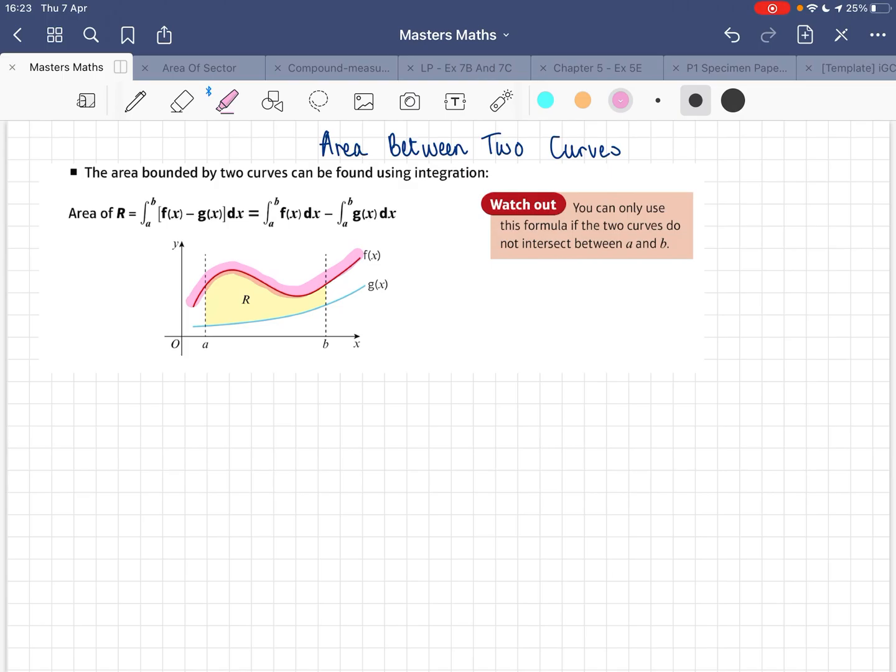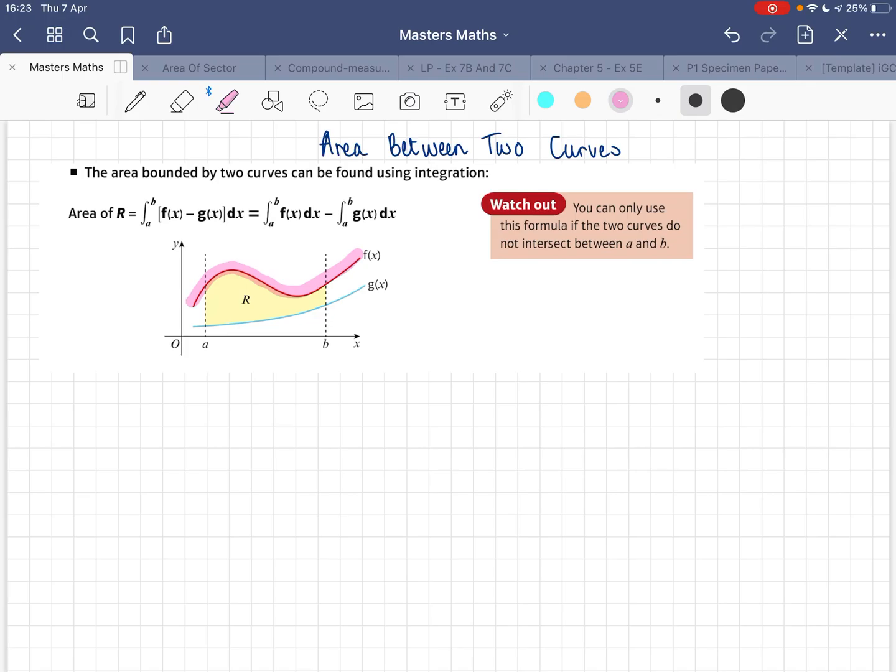So we can do it two ways. We can either subtract the curves and then integrate the result, or we can integrate one curve and subtract the integral of the other curve. But either way, you're doing a subtraction and an integration. You can decide which order you want to do them in. I'm going to show you examples where we do it both ways.